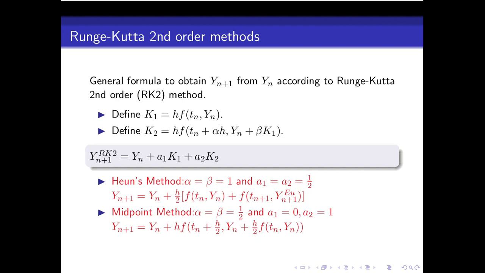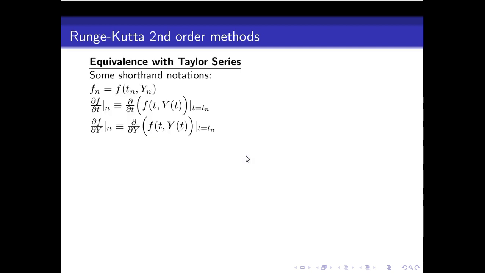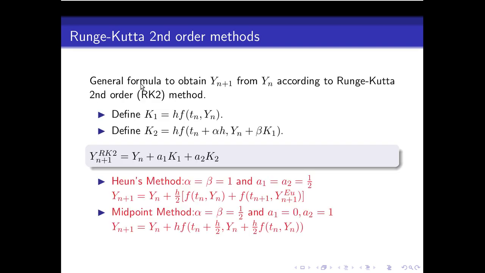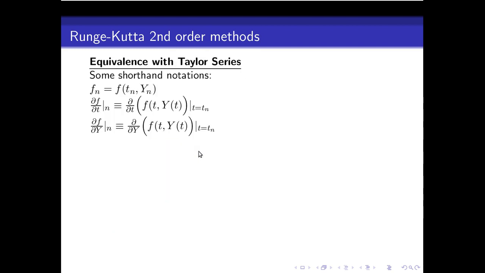So we need to now look more closely at this formula of RK2. A closer look essentially means that we want to check the equivalence of this formula with Taylor series expansion up to second order.